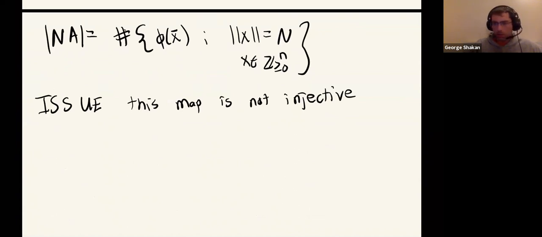Probably the easiest way is to think of the one-dimensional case. If your set has size n, which could be large, you're mapping into a one-dimensional space, so you should expect a lot of collisions. And of course there are.